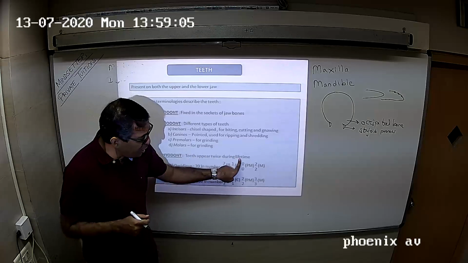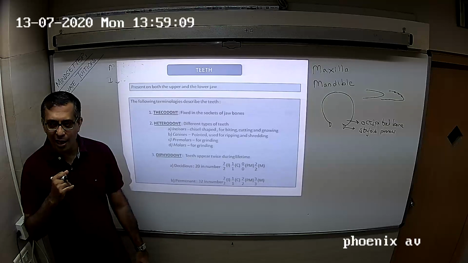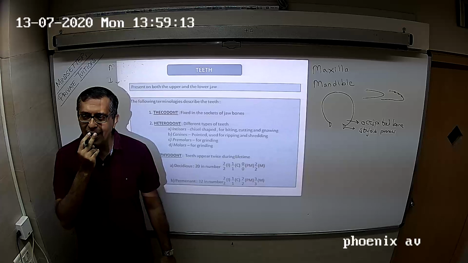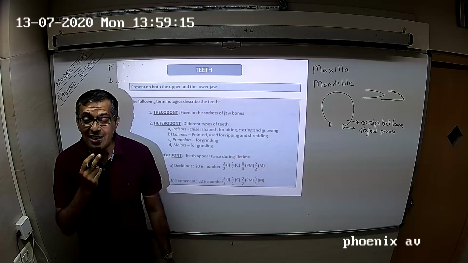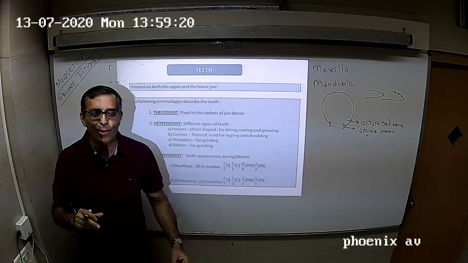Teeth appear twice during your lifetime. When a baby is born, it has no teeth. Later, at around 1 year of age, the incisors come out, and he has only 2 teeth, look so cute.